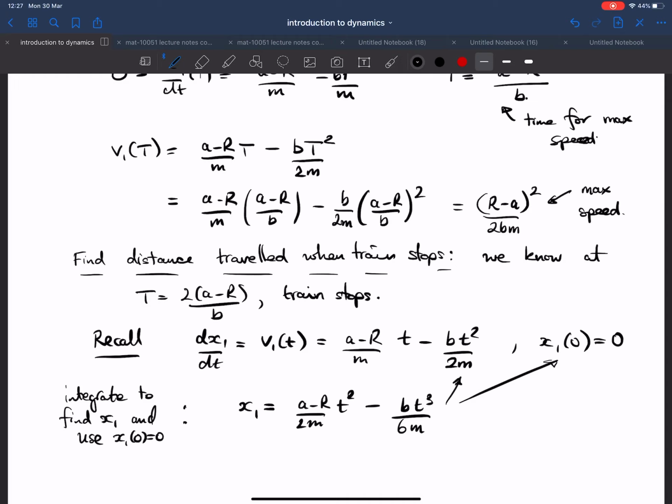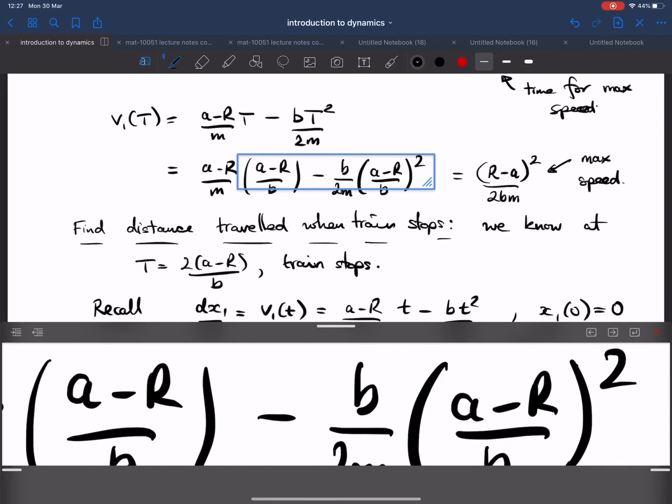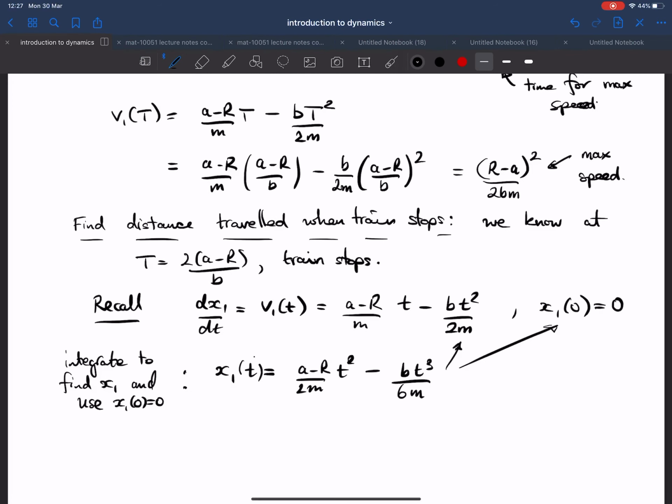Okay, so this is x1 of t, x1 of small t. Let us now find the distance traveled, which is x1 of capital T. If you sub this in, you should do the calculation yourself.